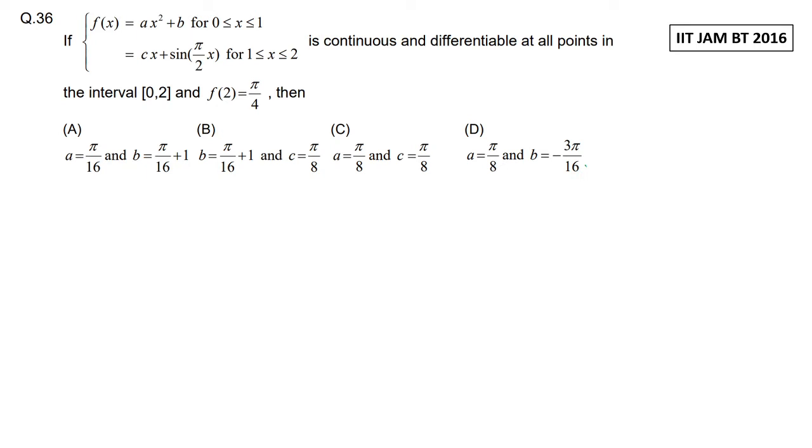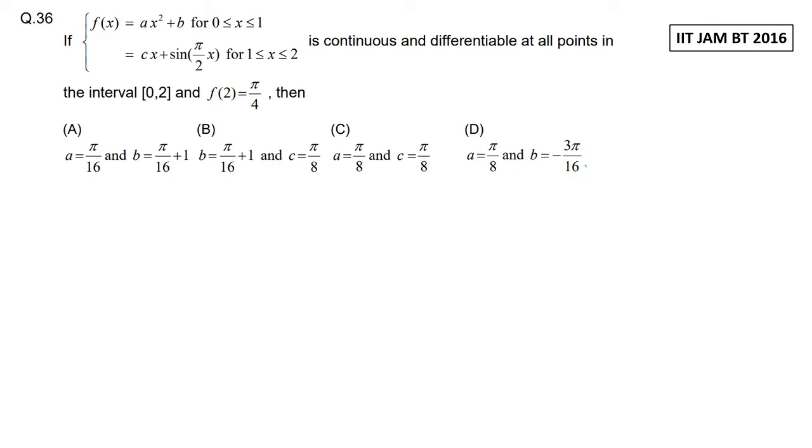So here the question is, if f of x equals ax square plus b for 0 less than equal x less than equal 1, and f of x equals cx plus sine pi by 2x for 1 less than equal x less than equal 2, is continuous and differentiable at all points in the interval 0 to 2 and f of 2 equals pi by 4, then option A, a equals pi by 16 and b equals pi by 16 plus 1.